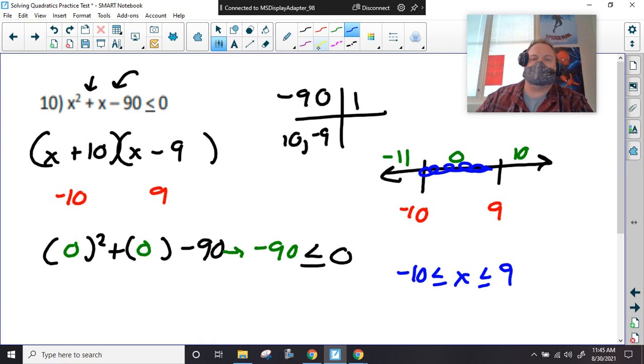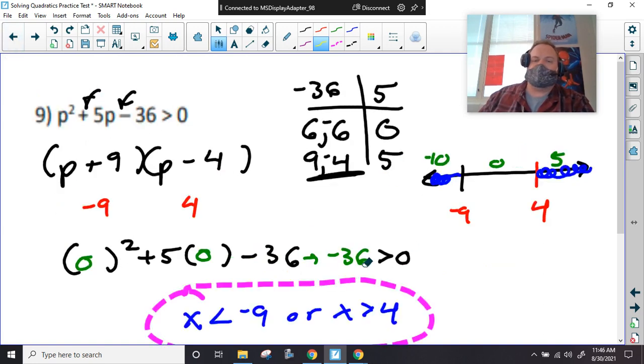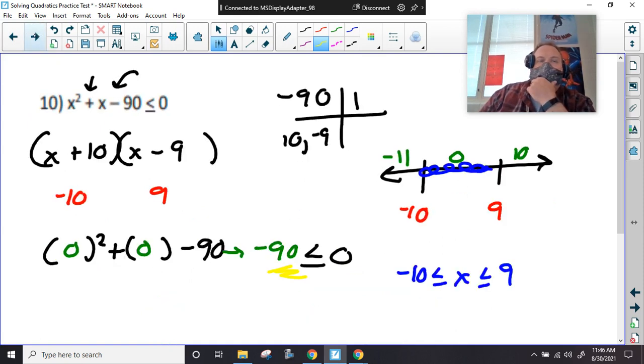All right. So the question was, why does this one work? Is negative 90 less than or equal to 0? Yeah. Okay. This one was negative 36. Is negative 36 greater than 0? Okay. Yeah. The signs where the alligator head goes matters.